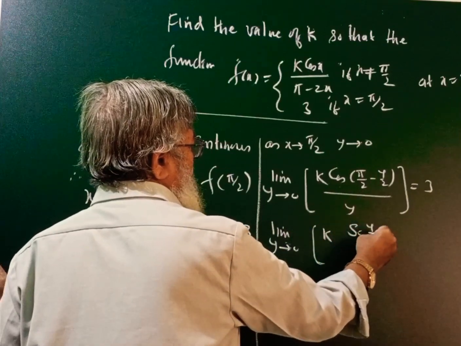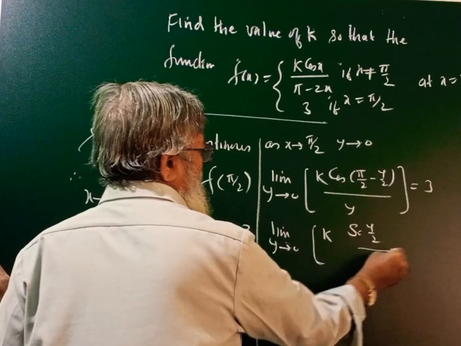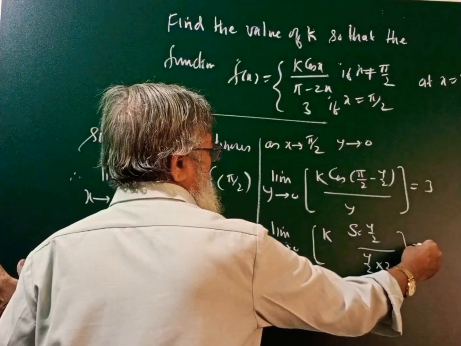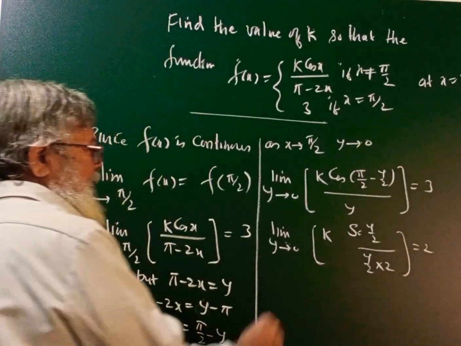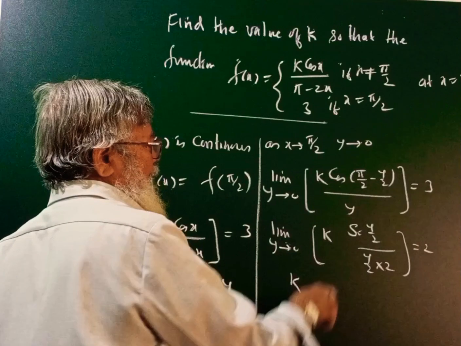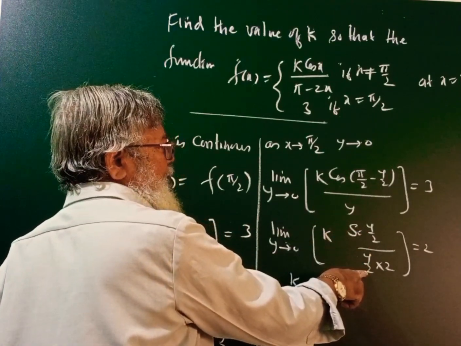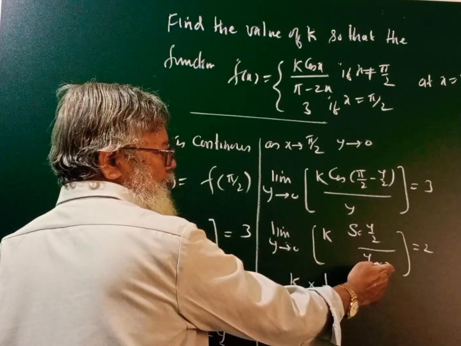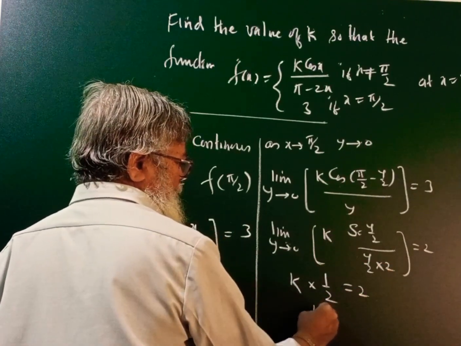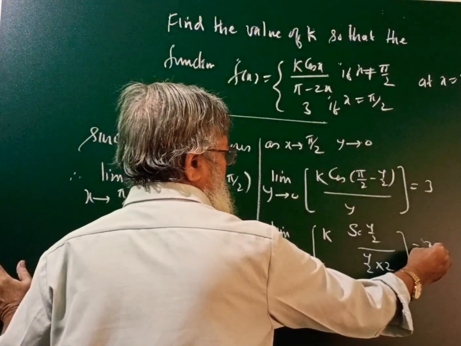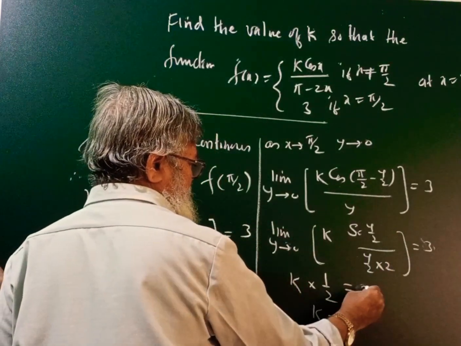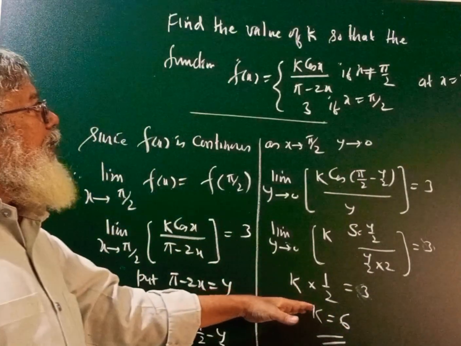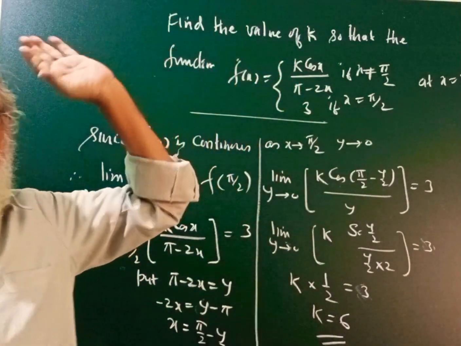So sin of y by 2. We adjust the value of theta, dividing by 2 and multiplying by 2. Now look here, k is a constant, sin theta by theta is 1, so 1 into 1 by 2, and this is equal to 3. Therefore k is equal to 6 is the required answer. If k is equal to 6, then automatically the function will become continuous.